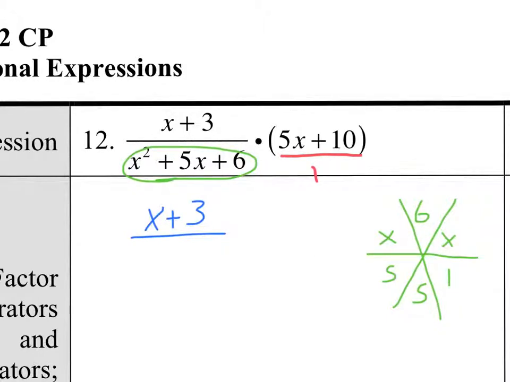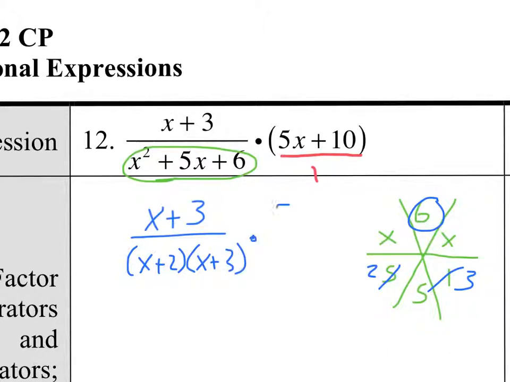Good, so what's my mistake? I was doing 5 times 1 is 5 and 5 plus 1 is 6, but it's the other way around because 2 times 3 should be the top number. And 2 plus 3 is 5. So x plus 2 and x plus 3 for the denominator.